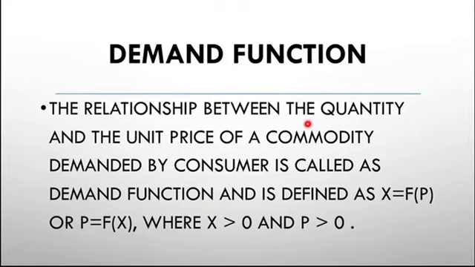The quantity means the number of items, and unit price is the price of a particular part. So, the relationship between the number of items and its price, demanded by the consumer, is known as the demand function.